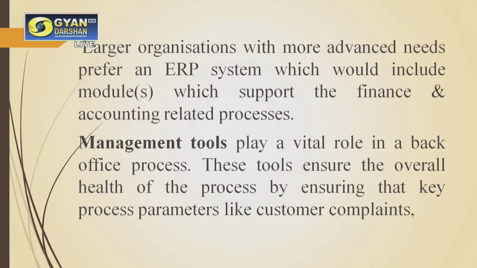But when we think about large organizations, big companies which have more advanced needs, then a system like the ERP system would be more efficiently used, and it could be included in the module which supports the finance and accounting related processes.